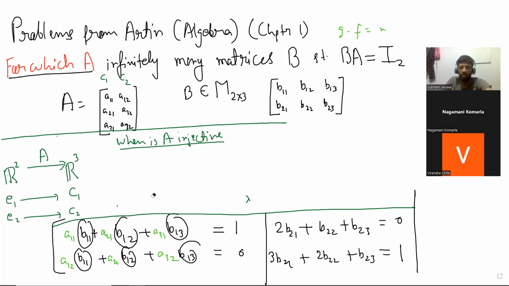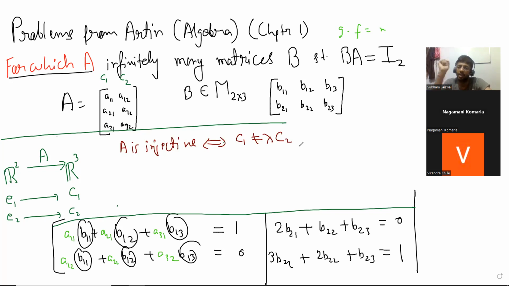Whatever Aryan said earlier is the same thing. So A is injective, and this point of view can be very useful. A is injective if and only if C1 is not equal to lambda times C2.